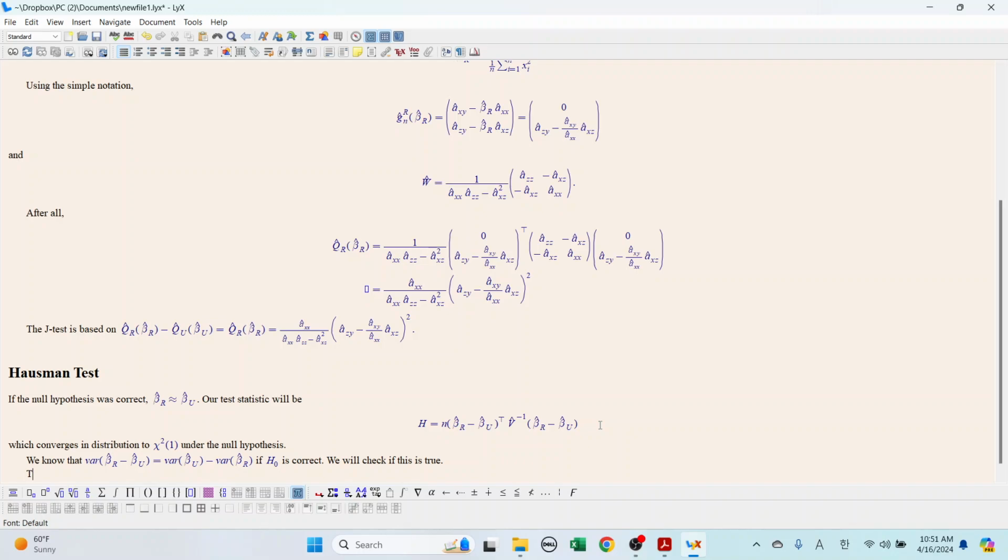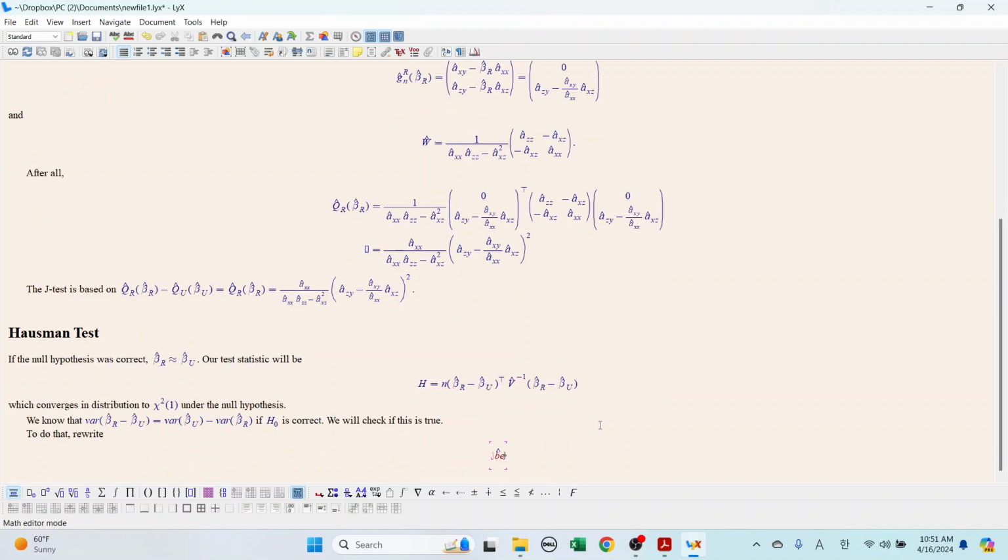To do that, first we will rewrite this as, right, it was OLS and like this.